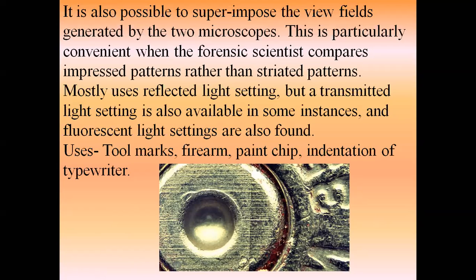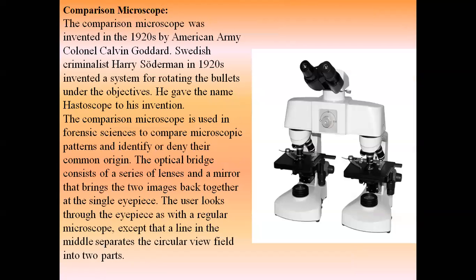But as I'm telling you, in the normal comparison microscope, the features are very limited. As you can see, this is your basic comparison microscope. Here you do not have a feature to rotate the bullets and cartridges. That is one thing missing.